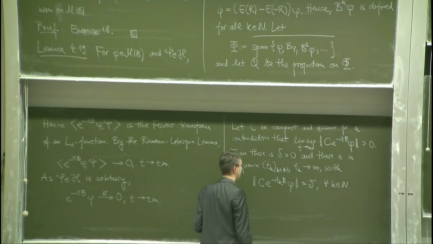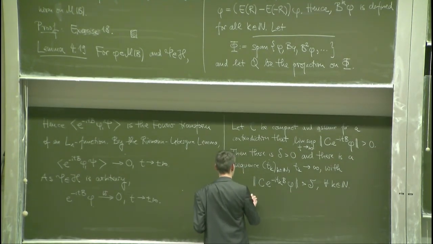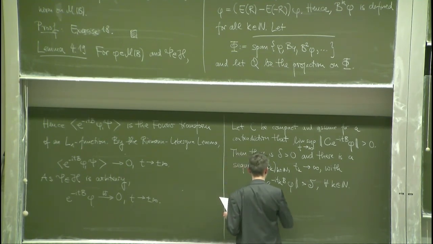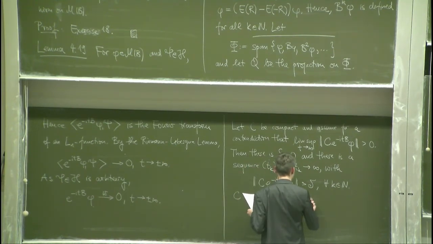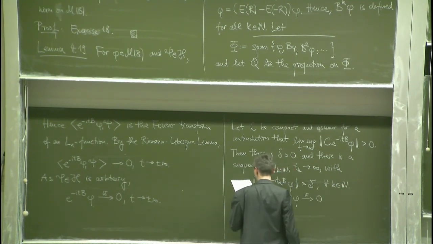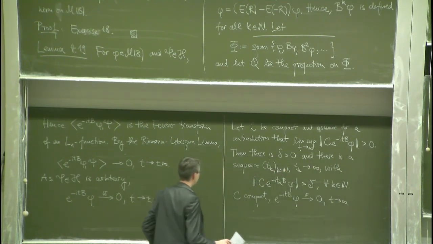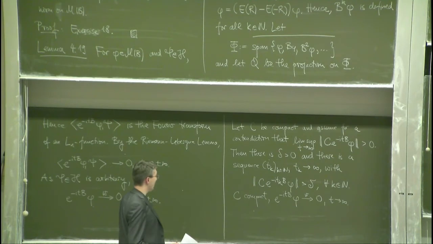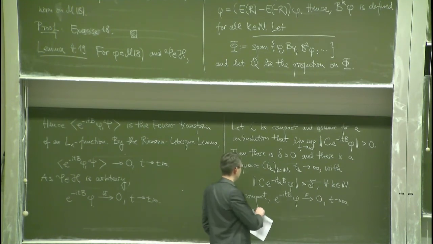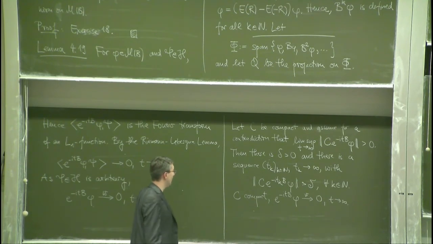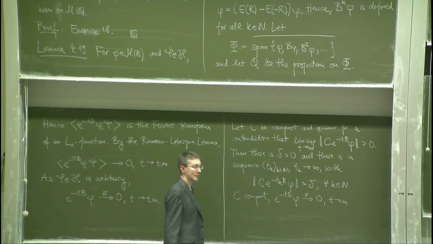But we know that C is compact, and we know that exponential minus ITB phi converges weakly towards 0 for t to infinity. Then you know that compact operators turn weak convergence into strong convergence, so if we apply the operator C to this, it converges in the norm to 0, and this is a contradiction to this statement here.